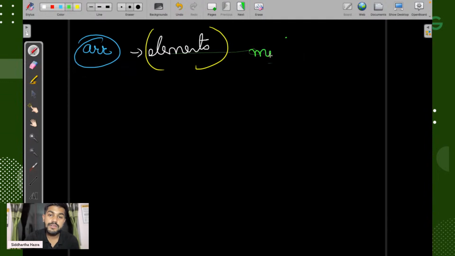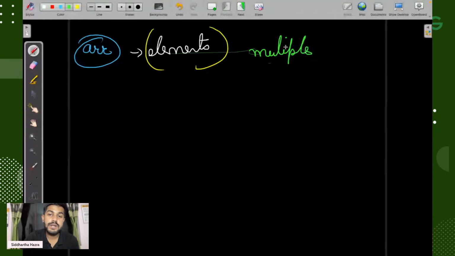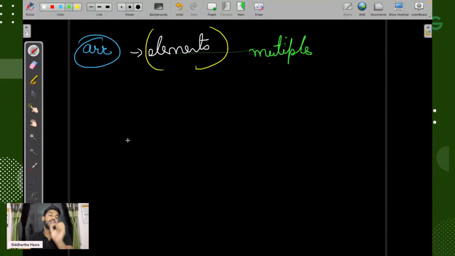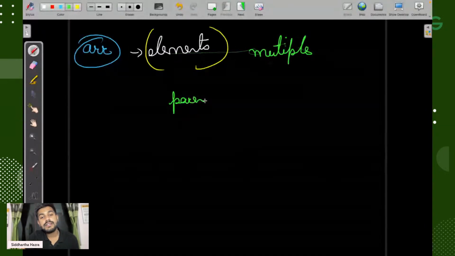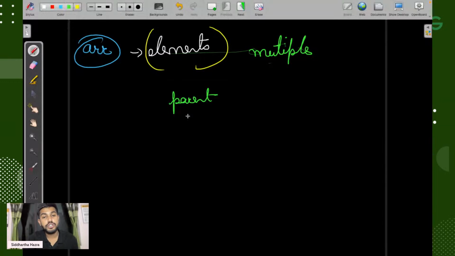You are given elements and you can use them multiple number of times to build a full binary tree. Now, what are the constraints? The constraint is that the parent should be the product of its two children.